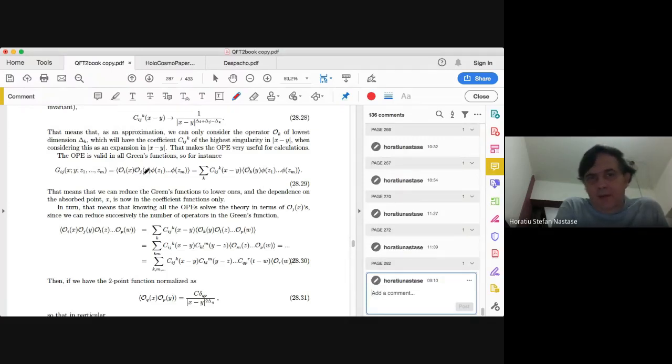And now you see that I've reduced the VEV with 2 operators to the VEV with 1 operator.